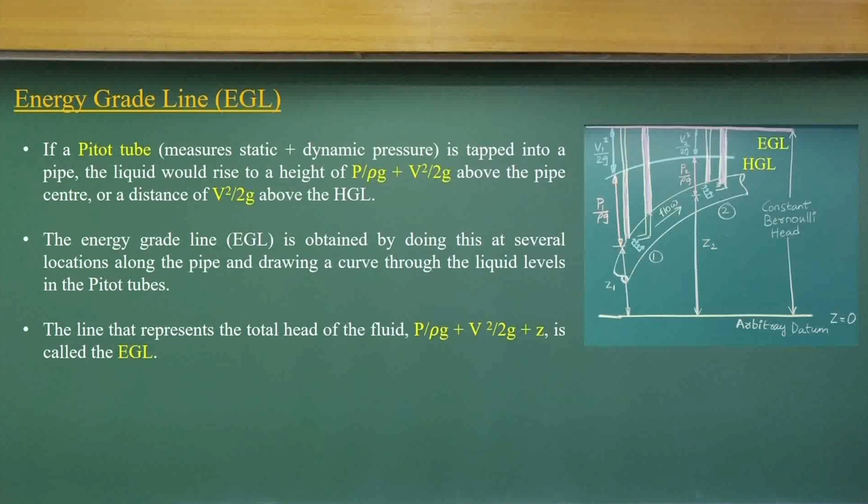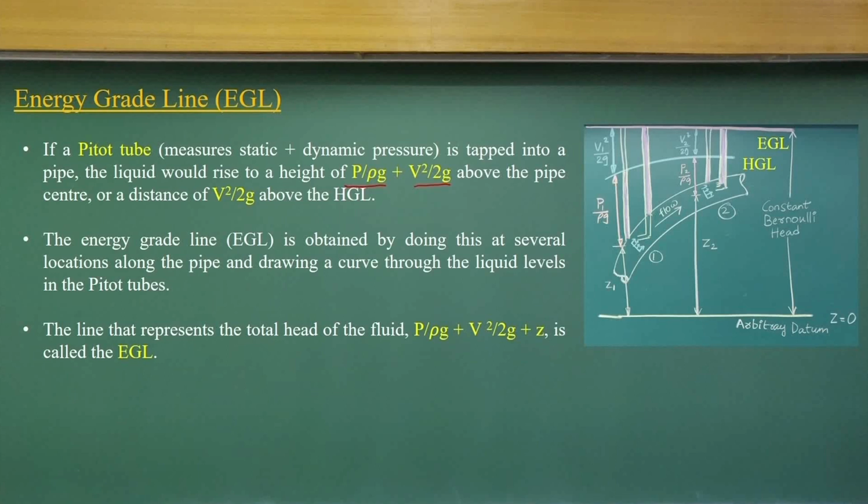If a pitot tube is tapped into the pipe, the liquid will rise in height, which will have the static head and the dynamic head above the pipe, and that will be above by the dynamic pressure, V square by 2g, the velocity head part.